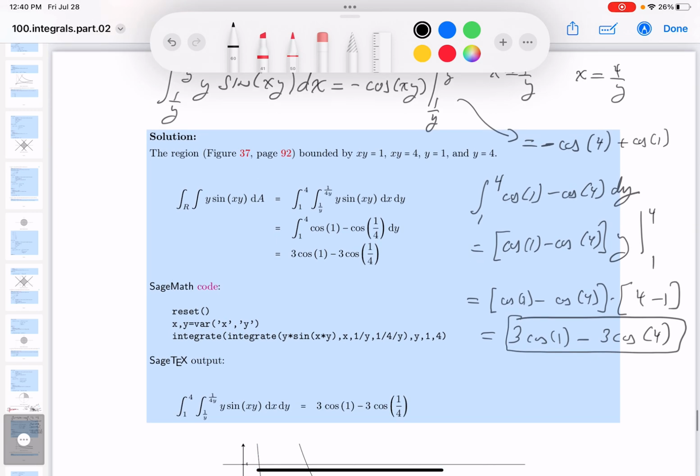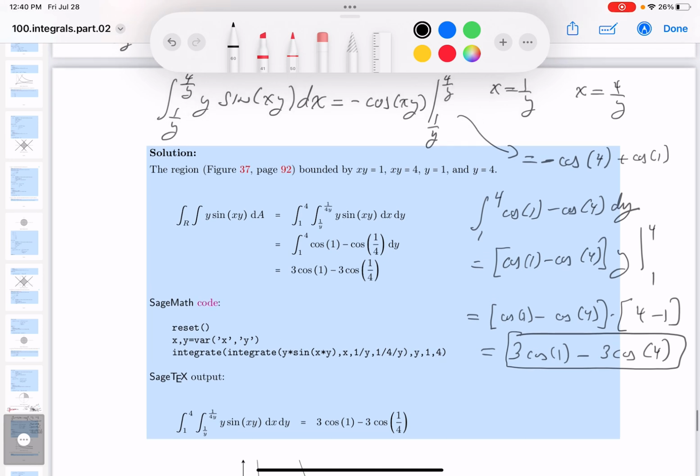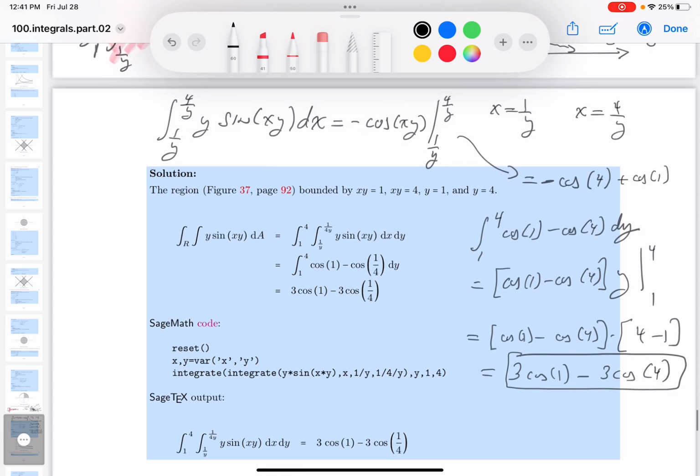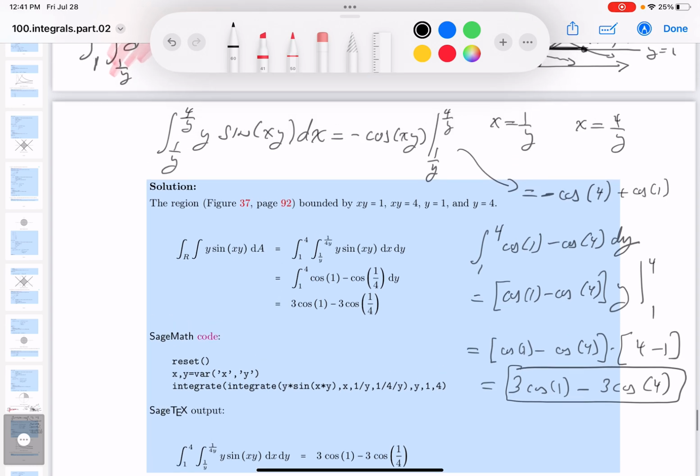I want to see what happened over here. And I made a mistake somewhere, clearly. I wonder where I made that mistake. And I have to look.